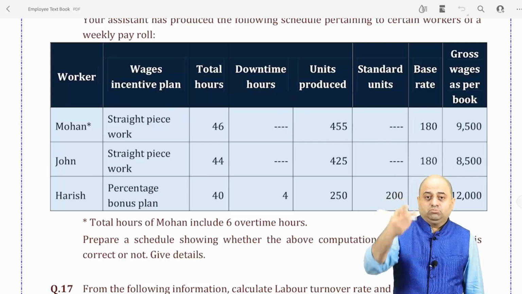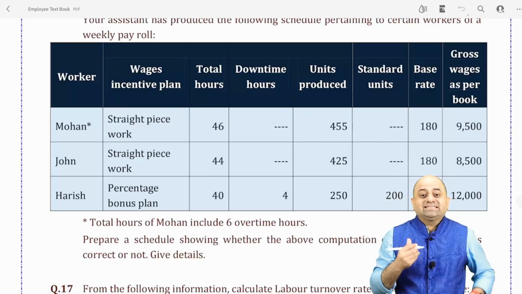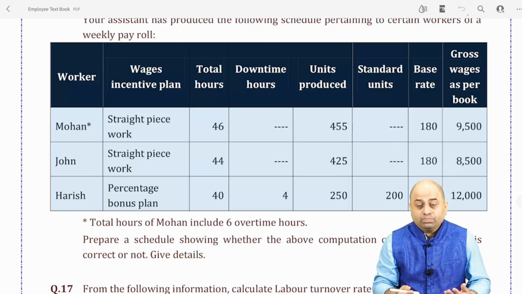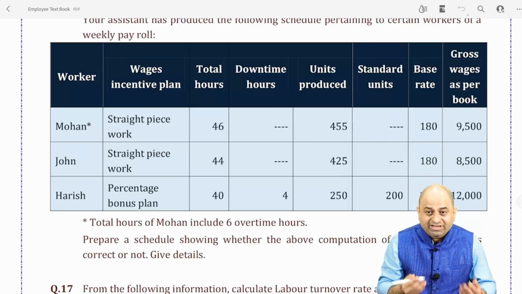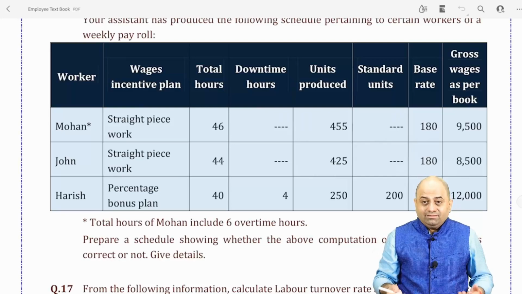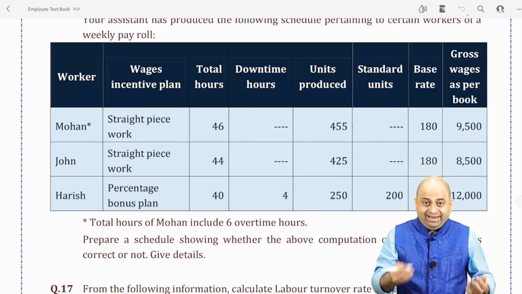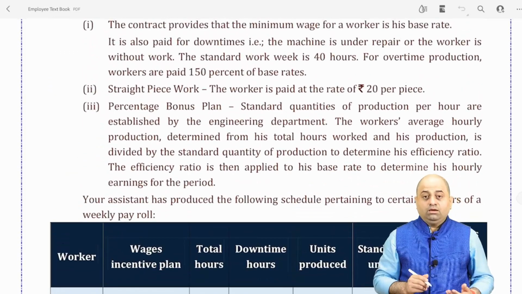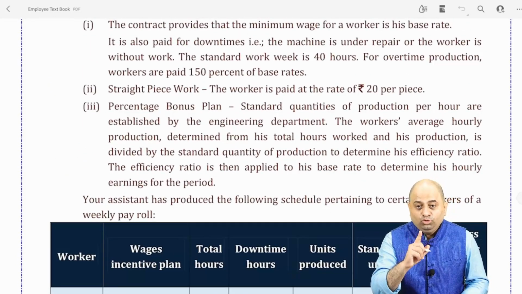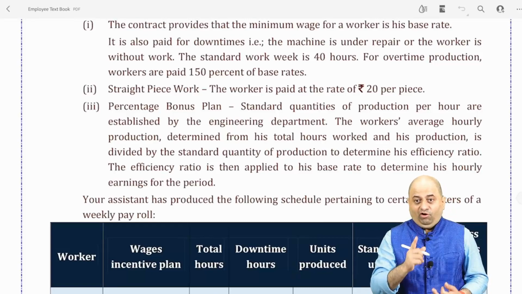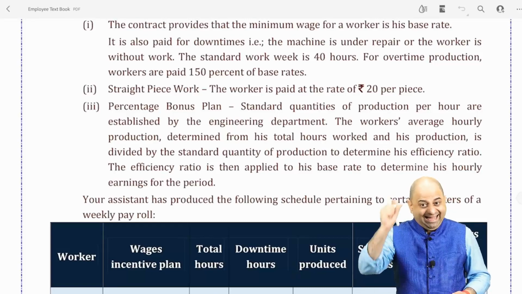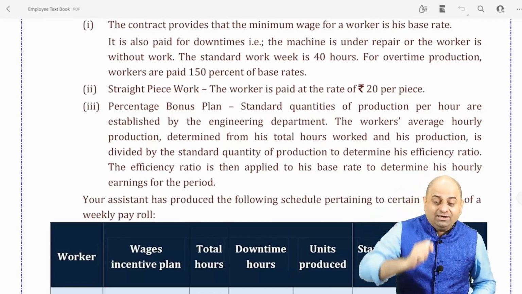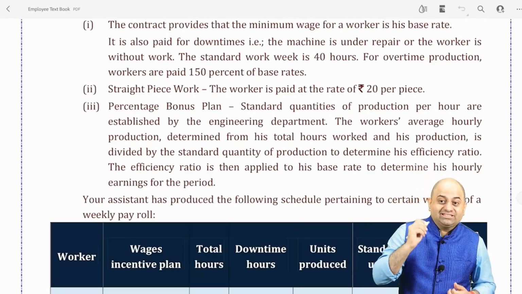First 2 workers, that is Mohan and John, are given straight piece work, that is SPR system. So their piecework wages also will be calculated. And then at the end, when it comes to percentage bonus plan, do not make a mistake of comparing actual units per hour with total standard units.